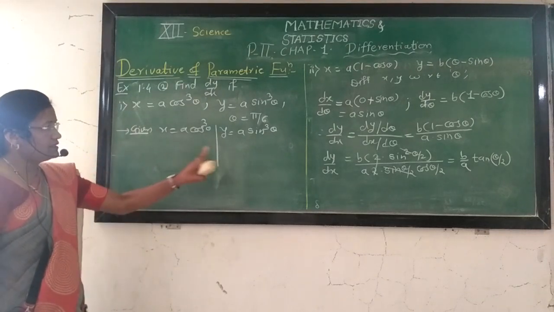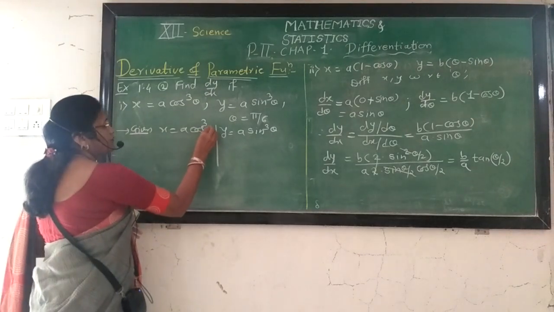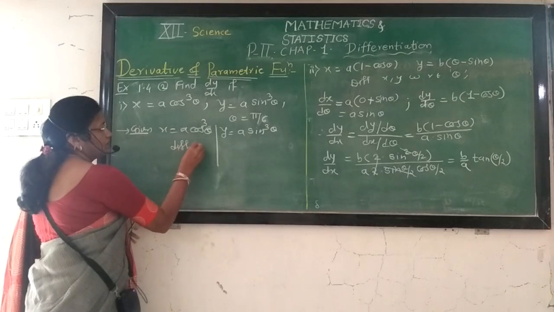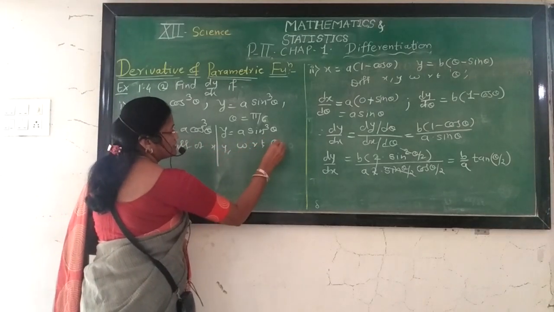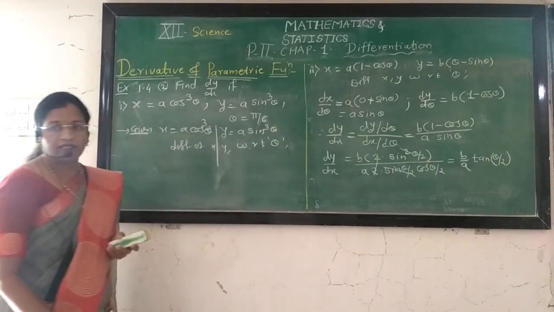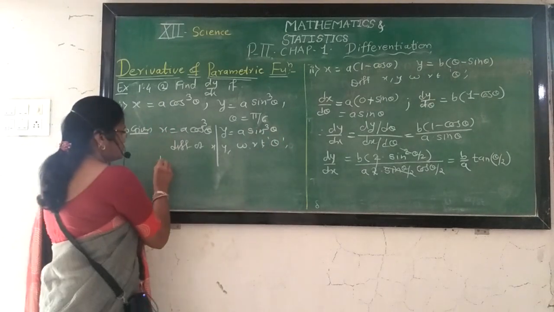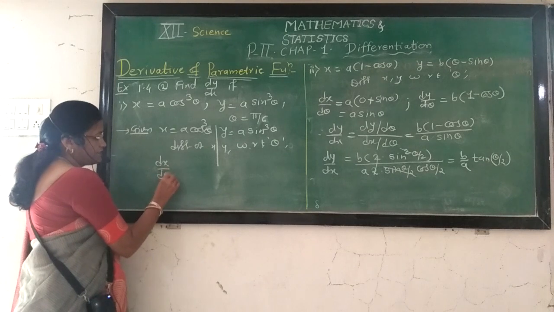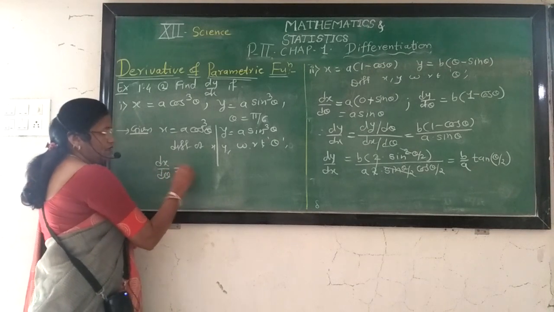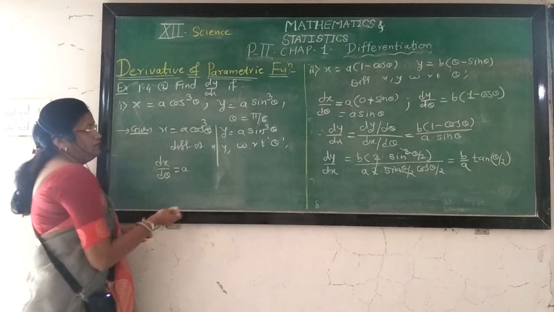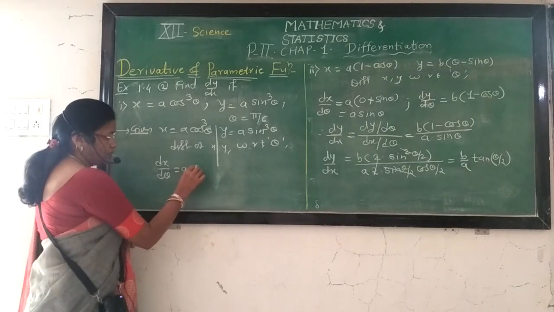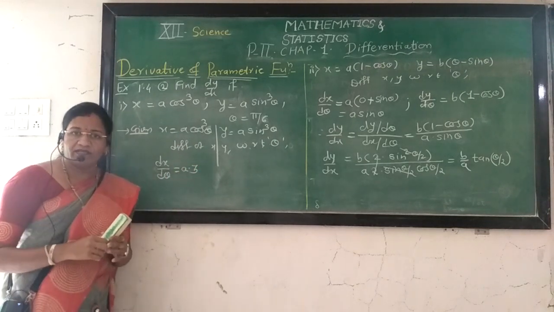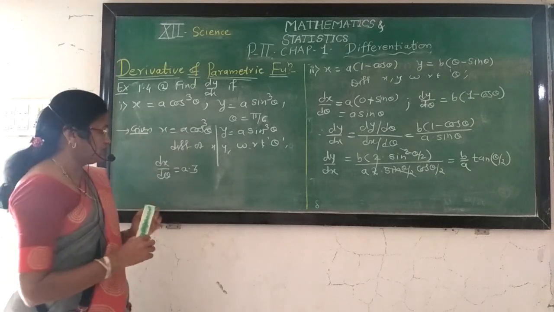Now here the parameter is theta, so we differentiate x and y with respect to theta. So we get dx by d theta, where a is constant, and we use the composite function rule for the derivative of cos cube theta. What is the derivative of cos cube theta?